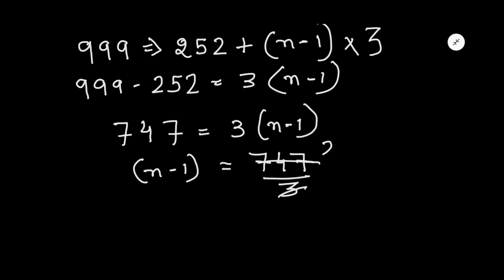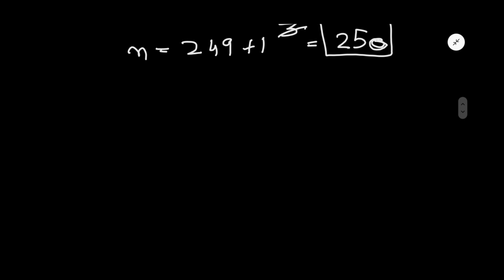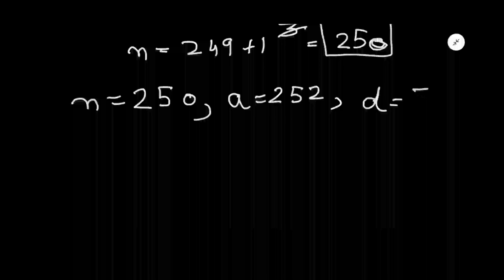So if you see, 3 into 249 is equal to 747. So n is equal to 249 plus 1, which is equal to 250. So we find the number of terms, which is 250. So our n is equal to 250. The first term is equal to 252. The common difference is equal to 3.